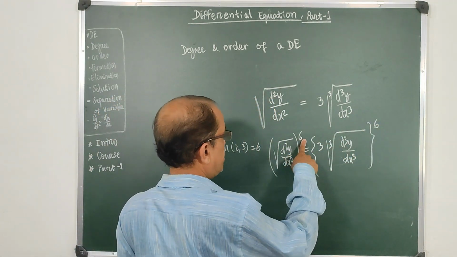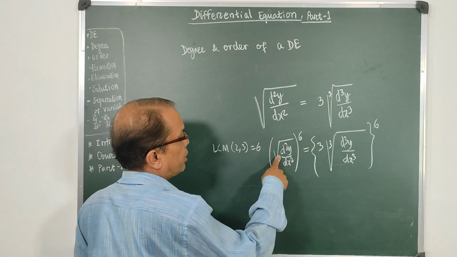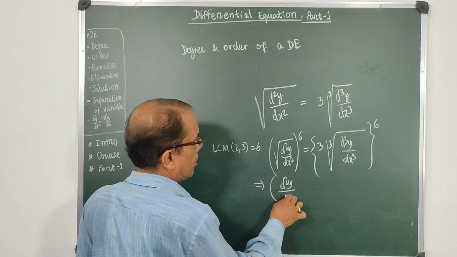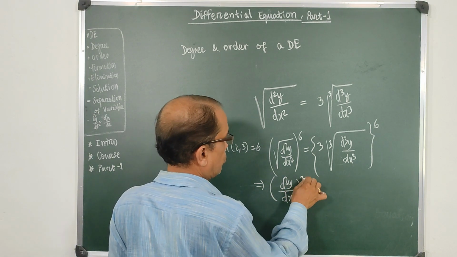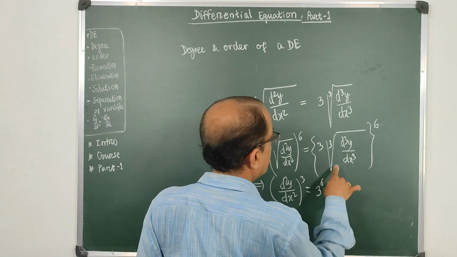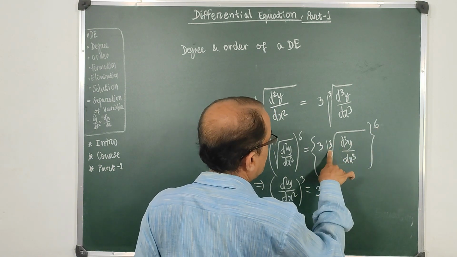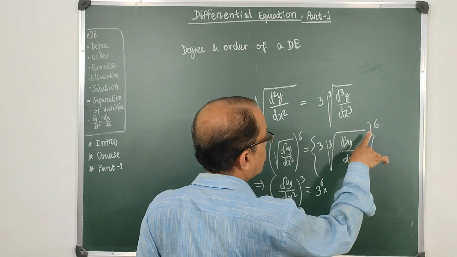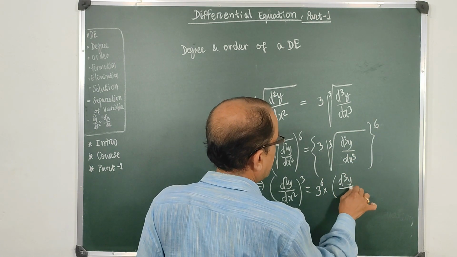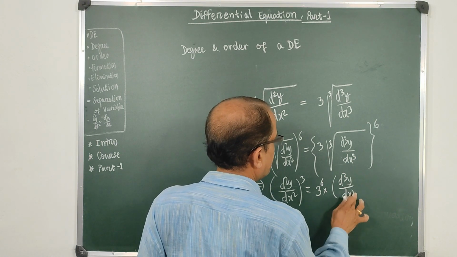Now since this is 6 and the power here is 1 by 2, this will be d square y by dx square whole cube, equal to 3 to the power 6 into, this is the sixth power and this is 1 by 3 because it is the third root, so 6 upon 3 is 2, so this will be d cube y by dx cube whole square.